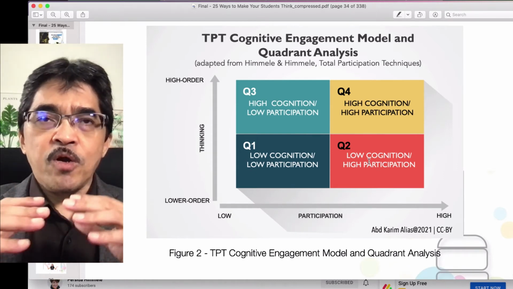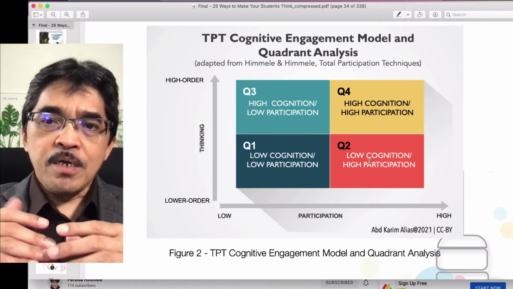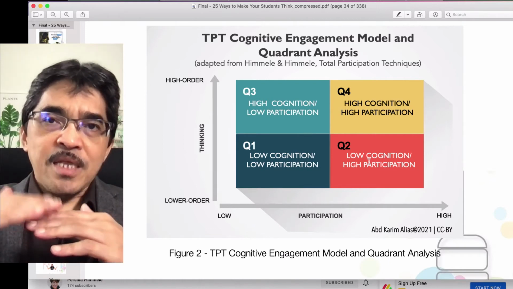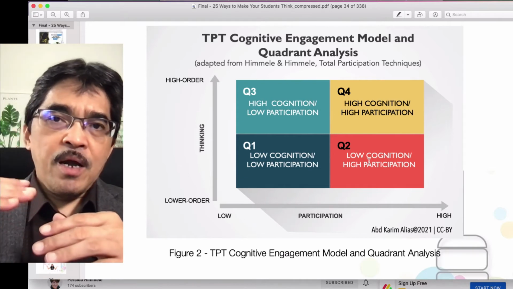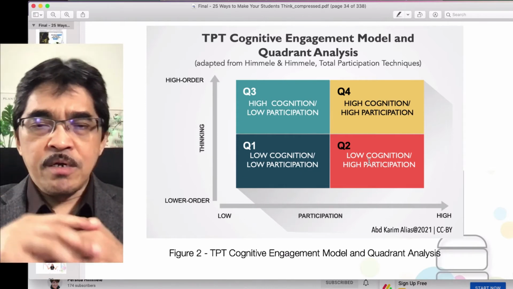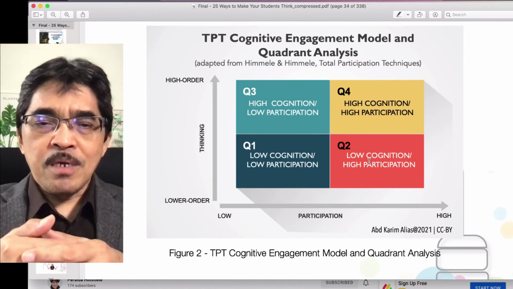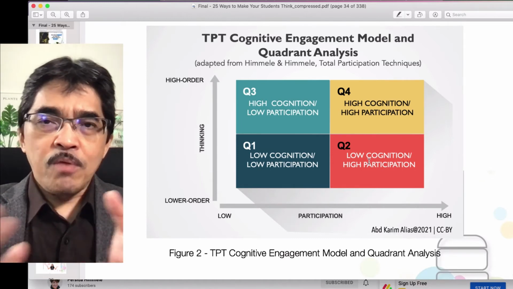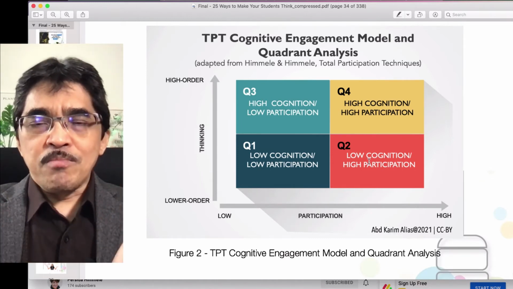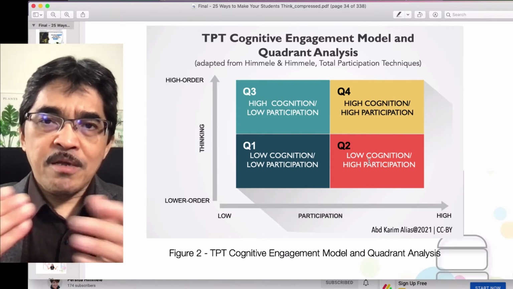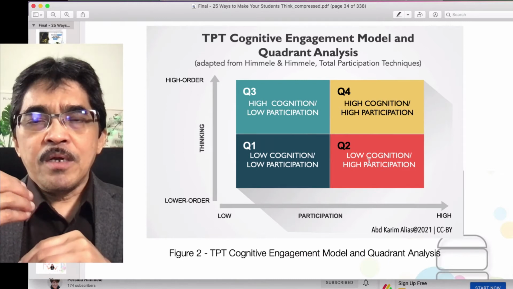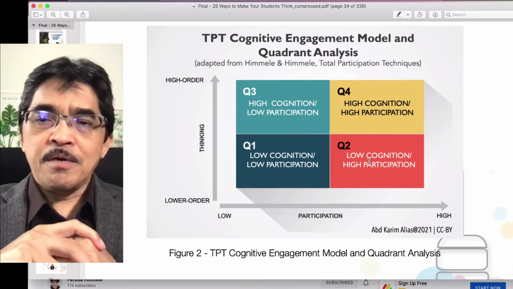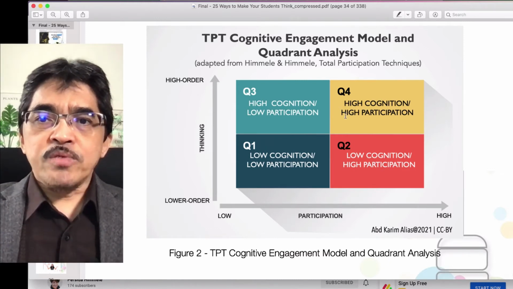This is what we call scaffolding, to take them slowly before they are ready to do the more high cognition or higher order activities. For example, solving complex problems, doing problem-based learning, scenario-based learning, those kinds of activities that require more mental effort or higher order thinking. That is in Q4.